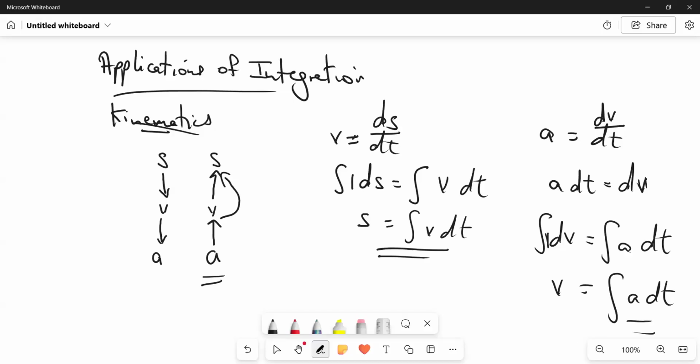You integrate acceleration, you're going to get velocity. Simple as that. Nothing difficult to remember. When you integrate acceleration, you get velocity. When you integrate velocity, you get displacement.